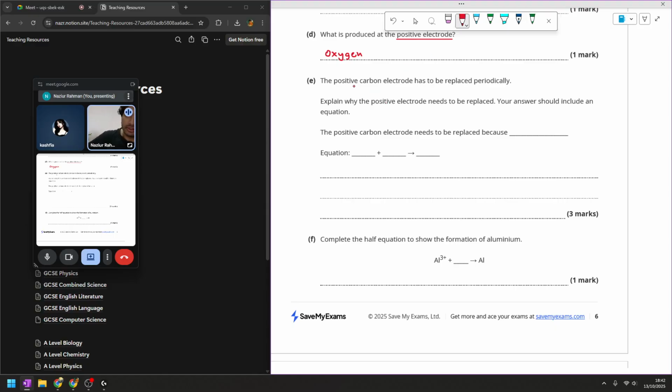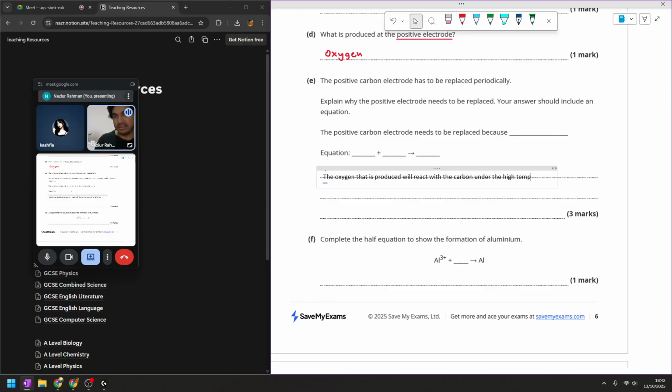The positive carbon electrode has to be replaced periodically. Explain why the positive carbon electrode needs to be replaced. You can say the oxygen that is produced will react with the carbon under high temperatures.